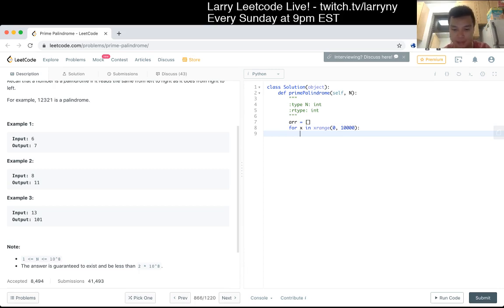So we want two of them. Is there a clean way to do it? I'm just trying to think if there's a clean way to do it in Python. You could reverse the string maybe, I guess, and maybe that's what I'll do.